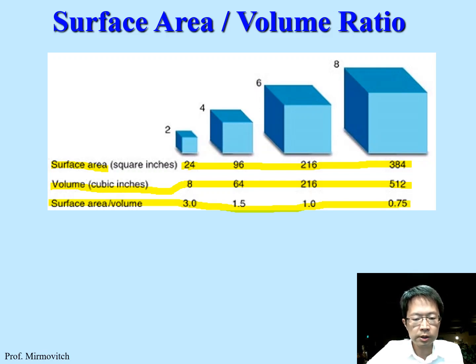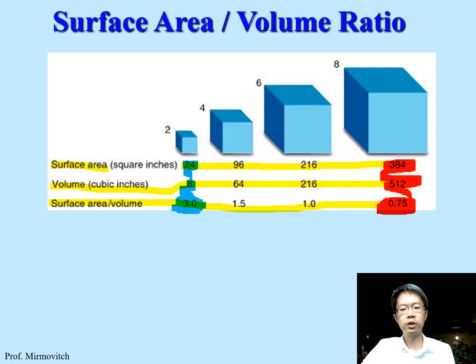The best one is this one here, because it has the highest surface area to volume ratio, 3. This gigantic cell here has a very low surface area to volume ratio, not even 0.75.